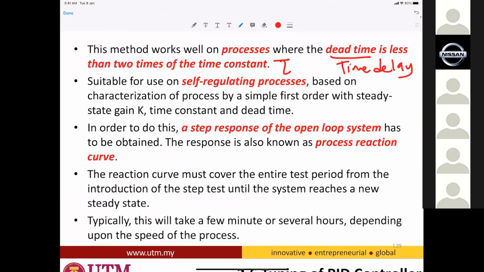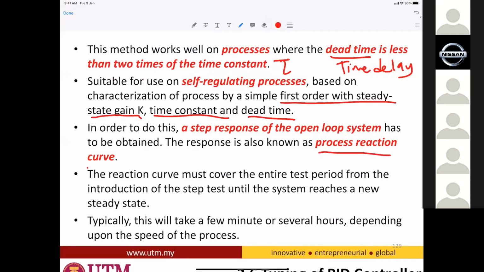This is suitable for self-regulating processes, based on characterization of the process by a simple first order model with steady state gain K, time constant, and dead time. To do this, we need a step response of the open loop system, not closed loop. This response is also known as the process reaction curve.